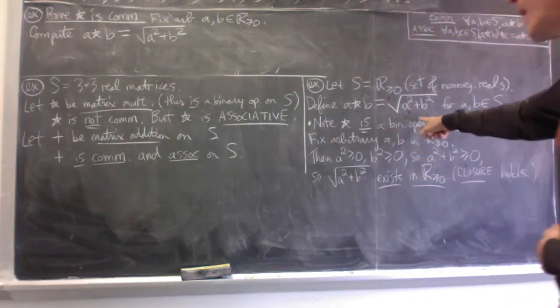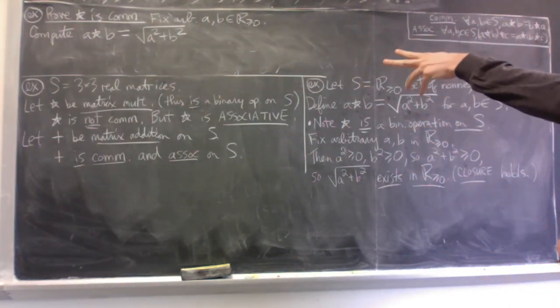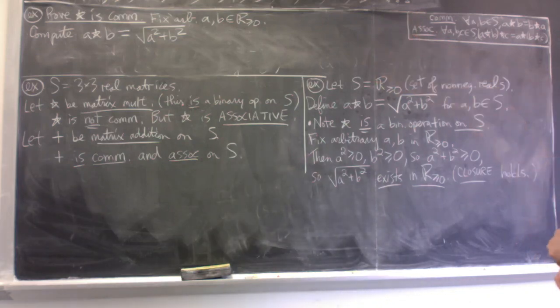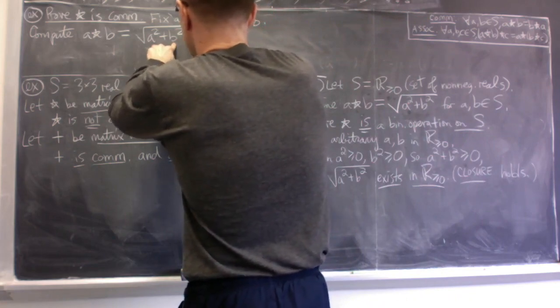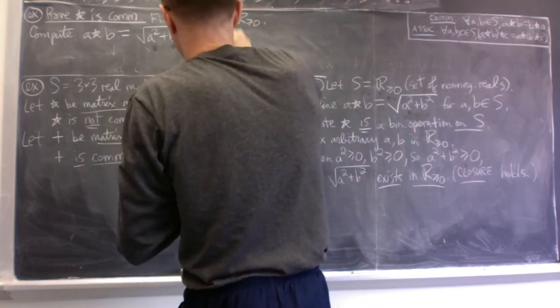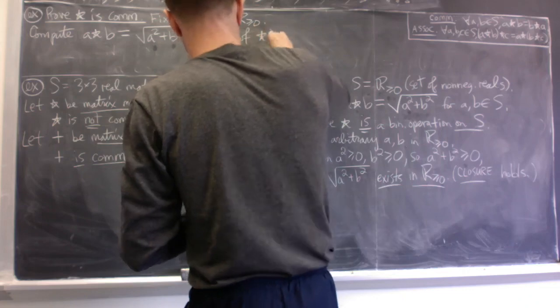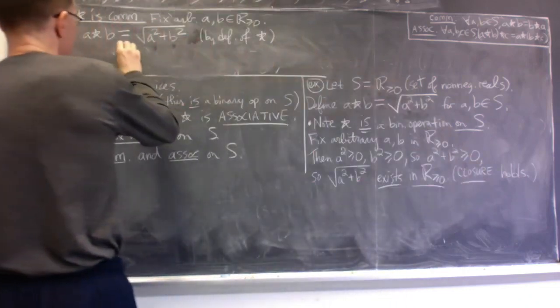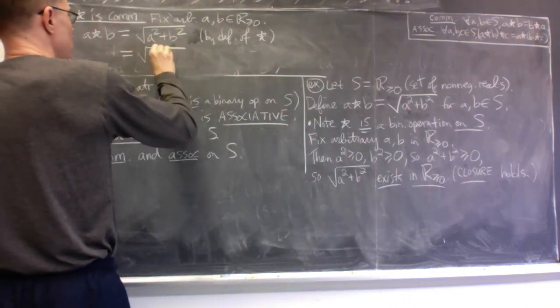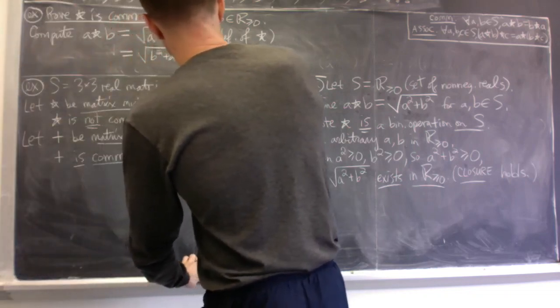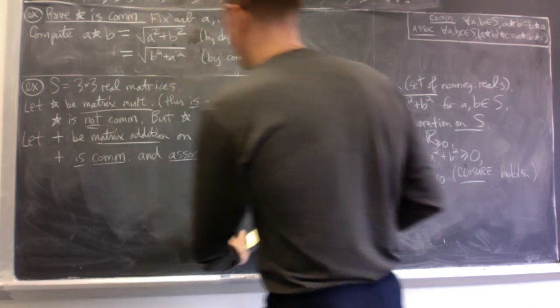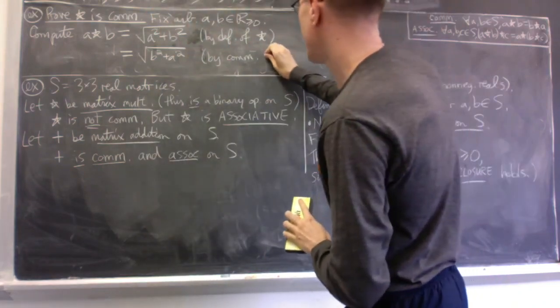All right, so that's A star B. And now we know already that addition of real numbers is known to be commutative. And so I'll apply that inside my square root here. First of all, this is true by definition of star. A squared and B squared are real numbers, among other things.